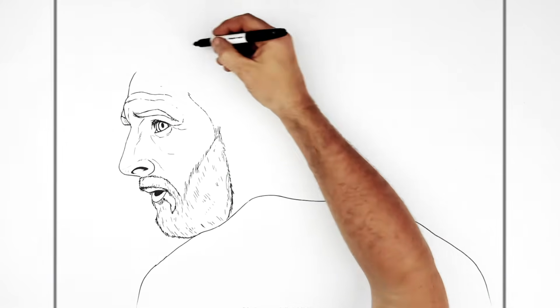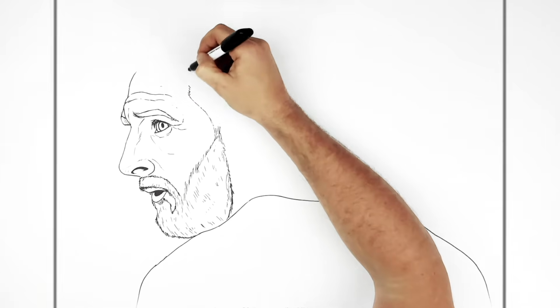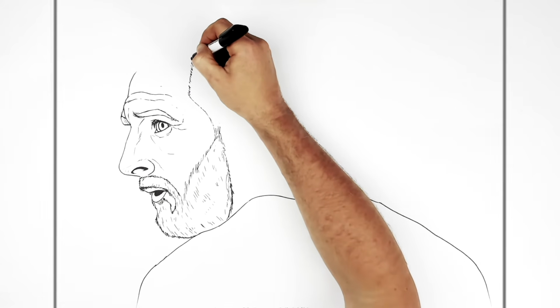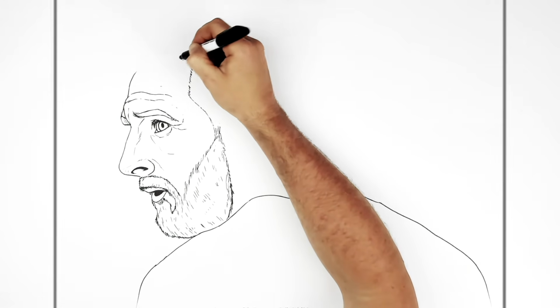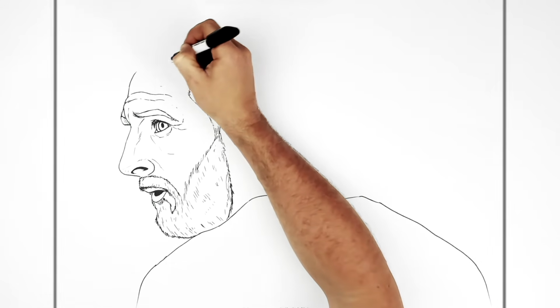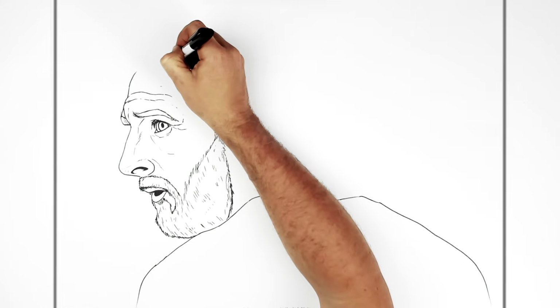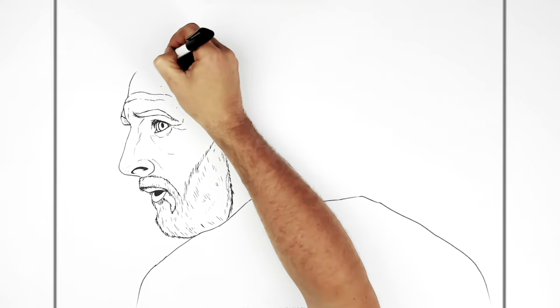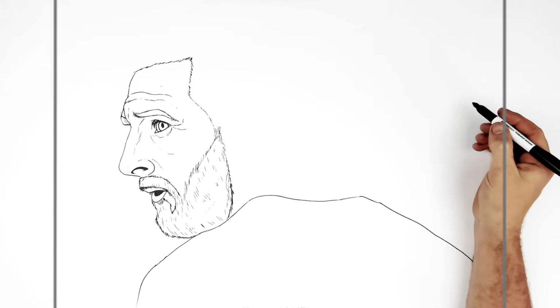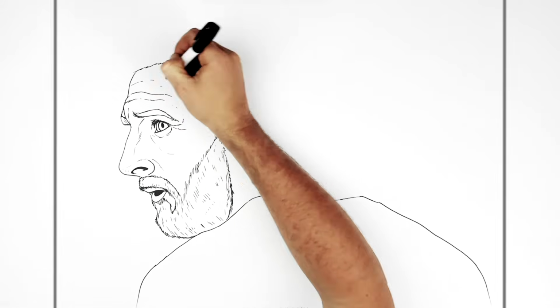And again, it's pretty shaved, but we'll just go all the way up to the corner of his hair here. His hair gets kind of longer up here, so it starts to go sort of this way. Kind of like that.